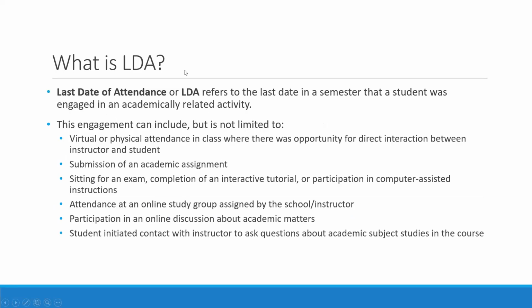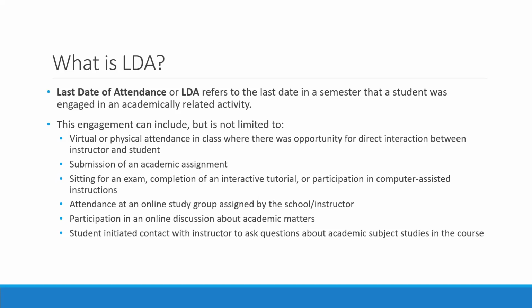So what is last date of attendance? LDA, as it's commonly referred to, is the last date in the semester that a student was engaged in an academically related activity. Really, we should be thinking about this as last date of engagement because, especially in online classes where there is non-attendance, what we're looking at is when is the last time that the student really was engaged in that course.